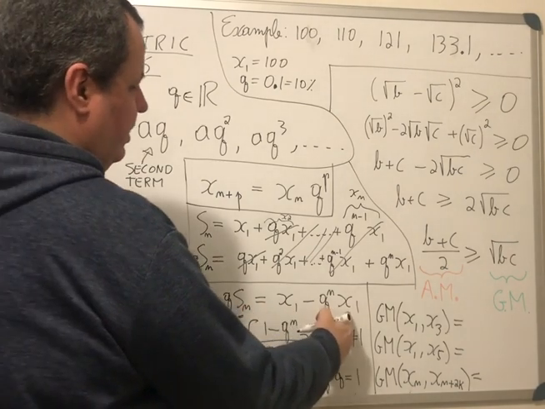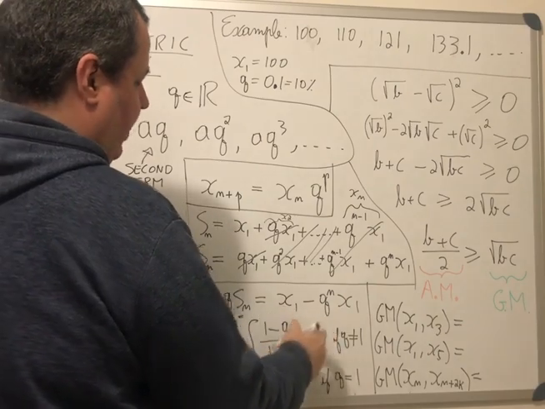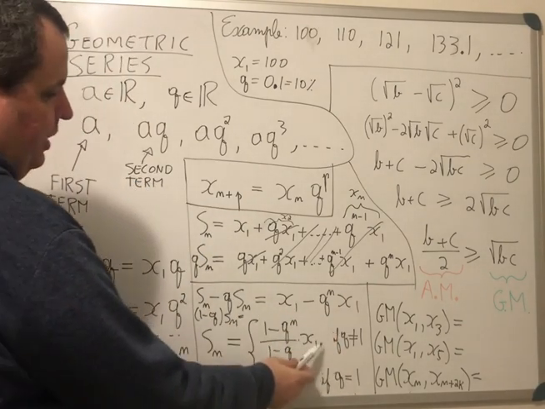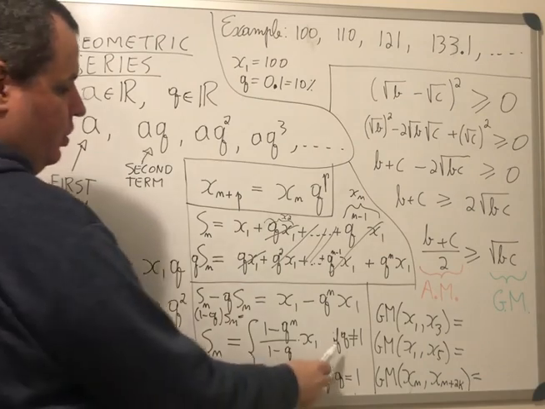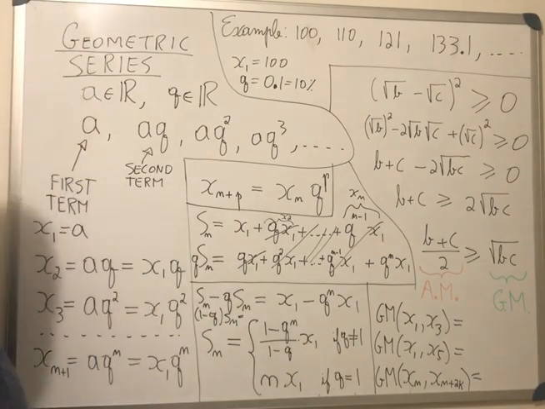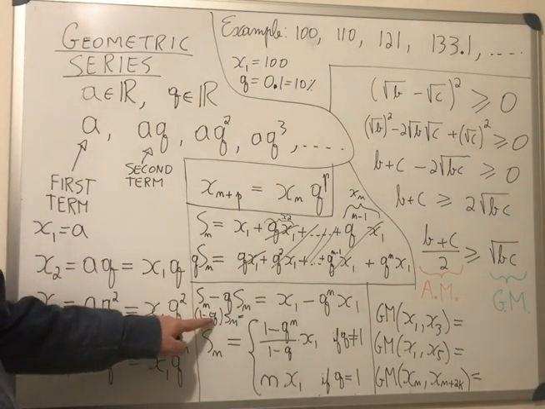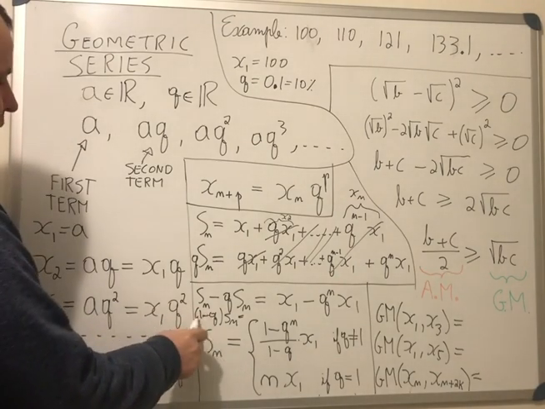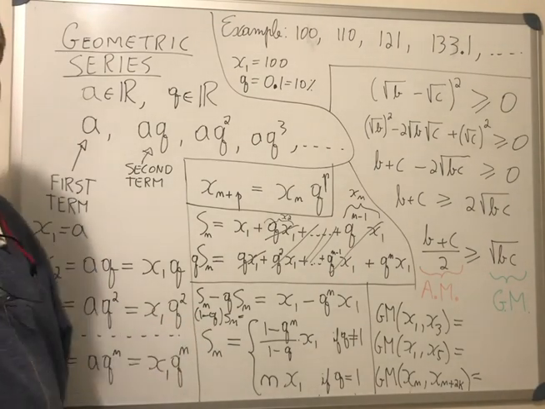Here I have x1 in evidence, times 1 minus q to the n. So that's my formula, if q is different from 1, because if q is equal to 1, I cannot divide both sides by 1 minus q, because I cannot divide by 0.